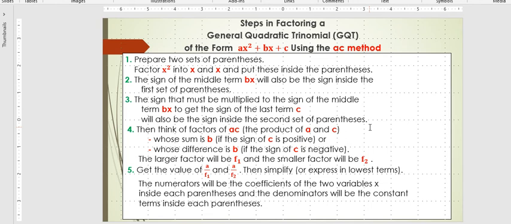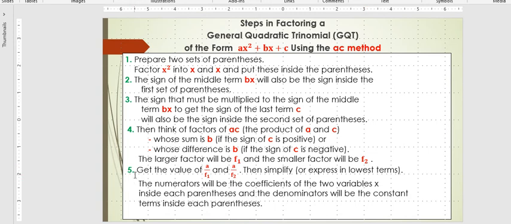Step number 4. Then think of factors of AC, the product of A and C, whose sum is B if the sign of C is positive, or whose difference is B if the sign of C is negative. The larger factor will be f sub 1 and the smaller factor will be f sub 2.